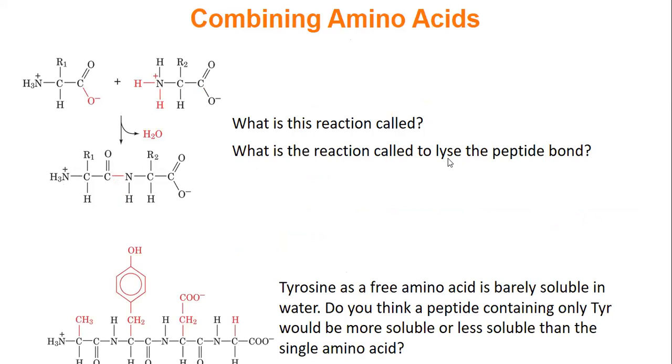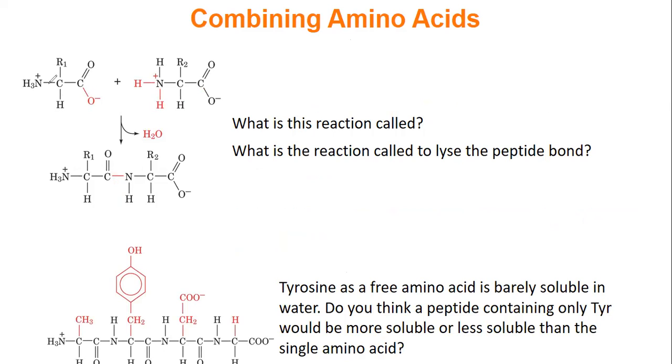And we're not really interested in amino acids by themselves. We really care about amino acids in a protein. And so here is a reaction where we are forming what's called the peptide bond.